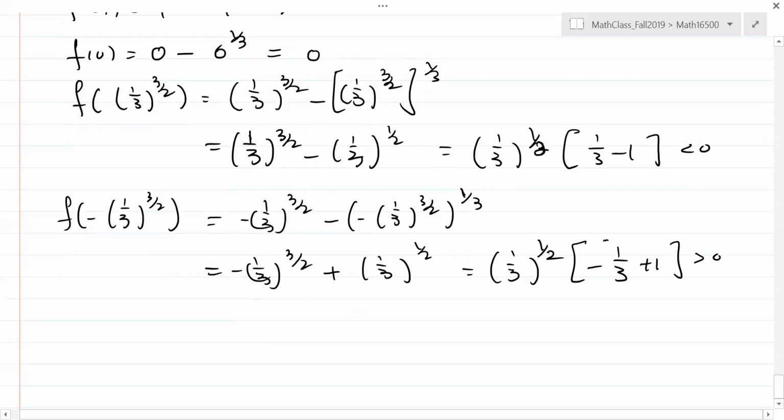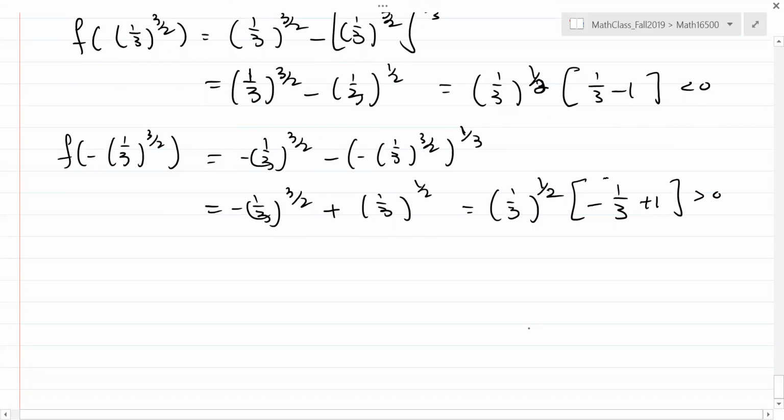Okay, so let's draw the graph. When x equals -1, I get 0. When x equals 0, I get 0. When x equals 4, it's positive somewhere here.